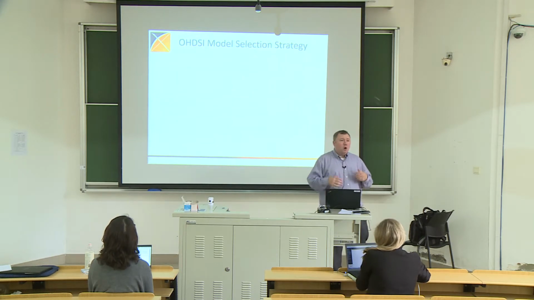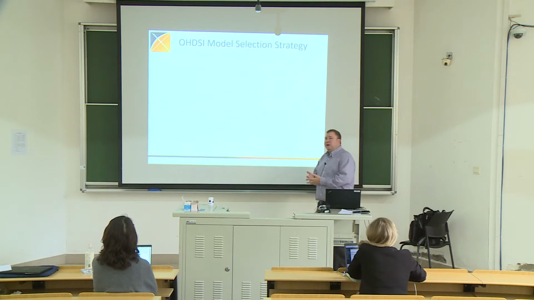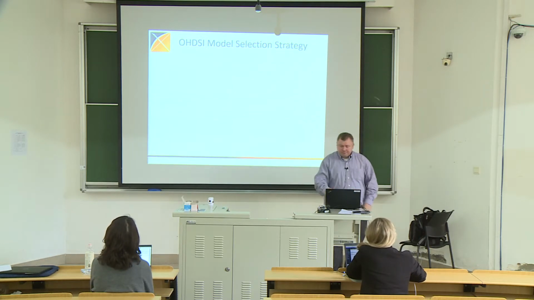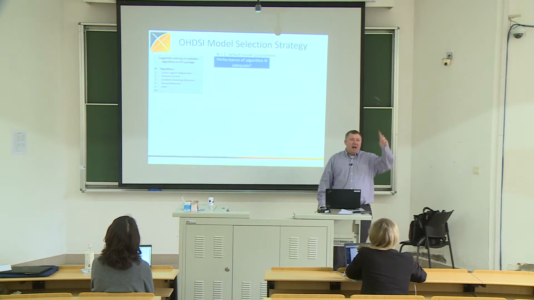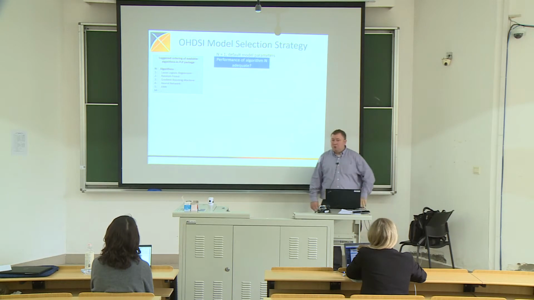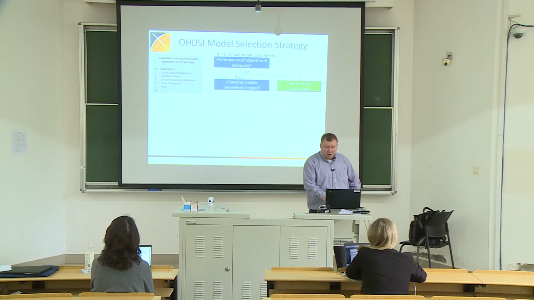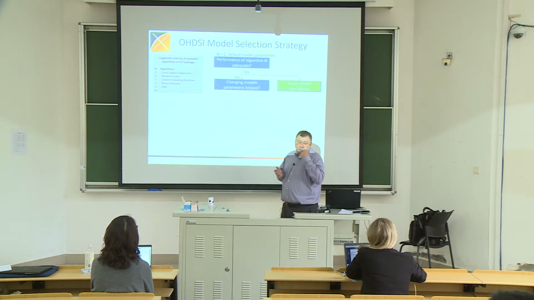And so what we recommend when you think about training a prediction problem is the following. You start with one algorithm. Today we'll start with logistic regression as an example of one. And you run your prediction problem using that one algorithm. And you're going to get an output which is going to be the performance of that model.